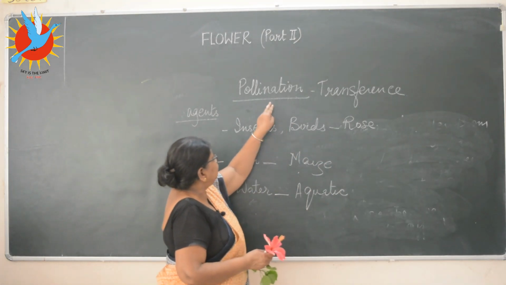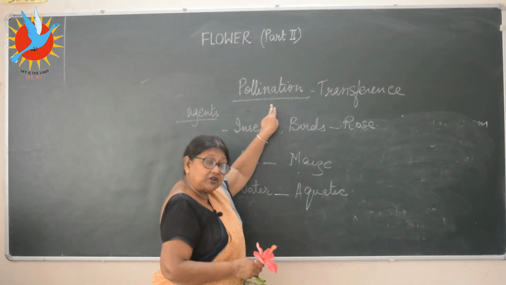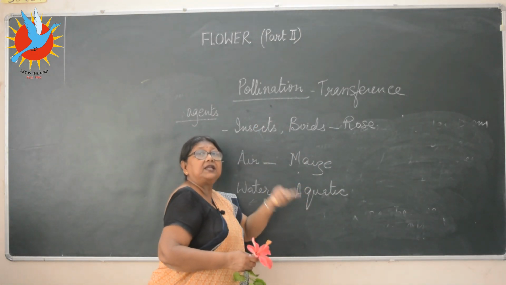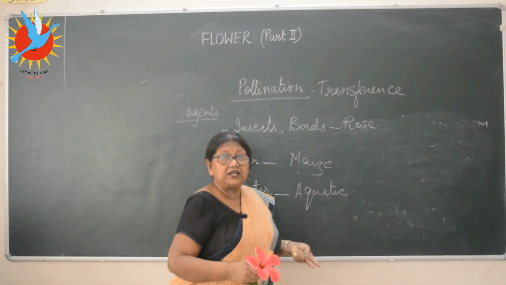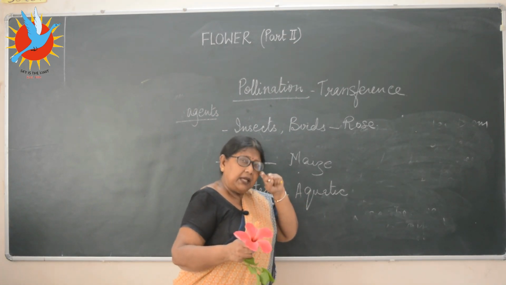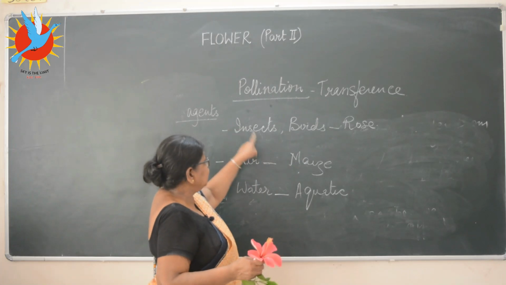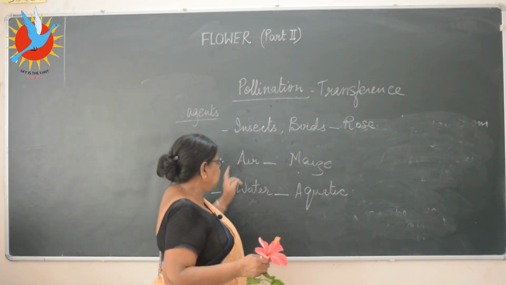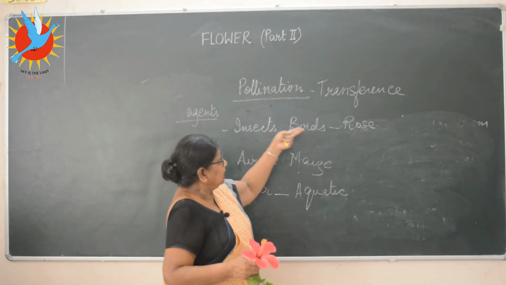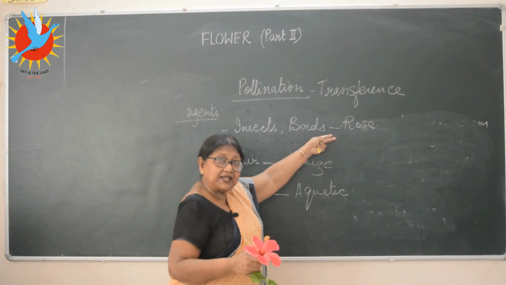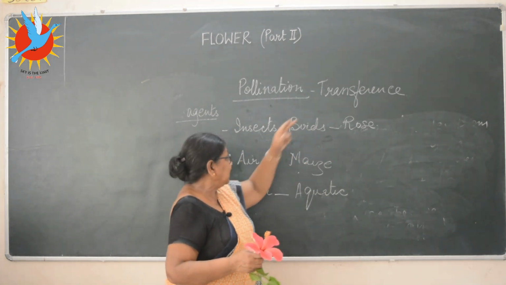So we have discussed the agents of cross-pollination. For cross-pollination, some agents are needed to take the pollen from one place to the other. What are the different agents? Insects, birds, wind, or water. Sweet smell, nectar producing, brightly colored flowers here.